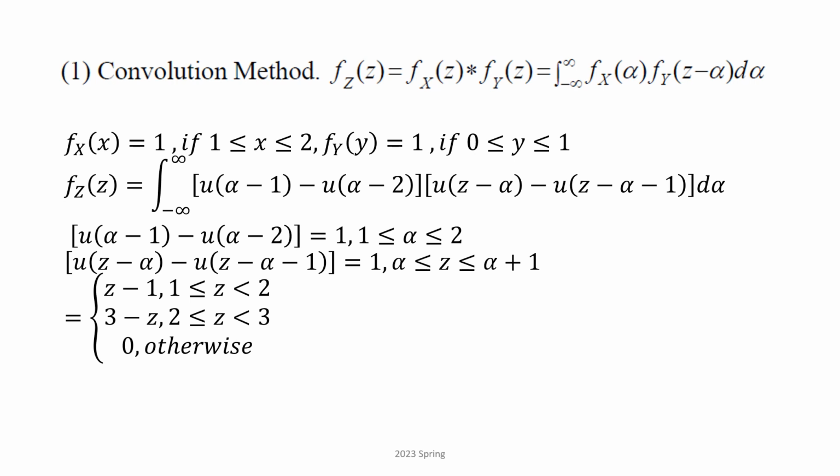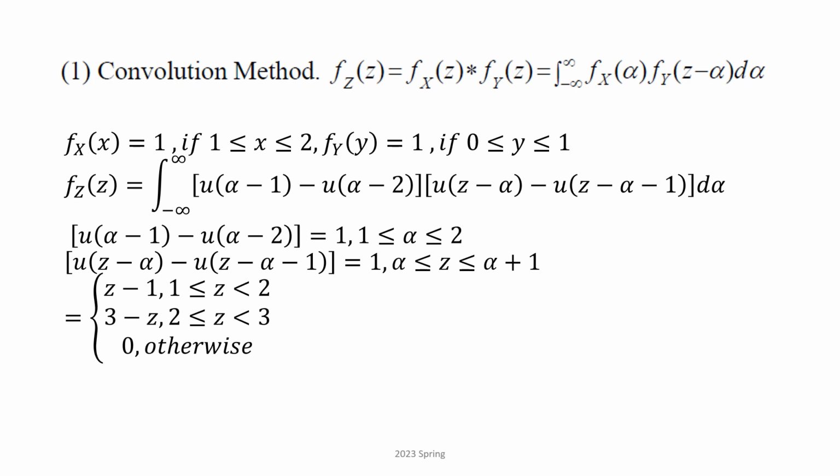When alpha is greater than 1 and less than 2, u(alpha minus 1) minus u(alpha minus 2) equals 1. And when z is greater than alpha and less than alpha plus 1, u(z minus alpha) minus u(z minus alpha minus 1) equals 1.